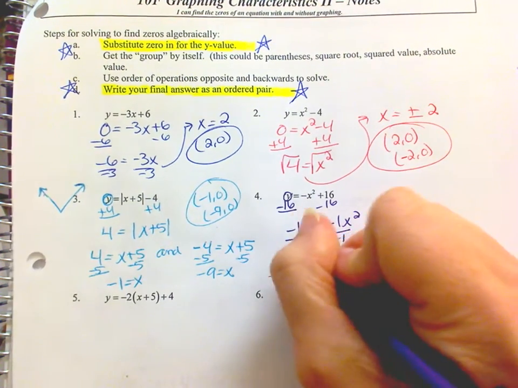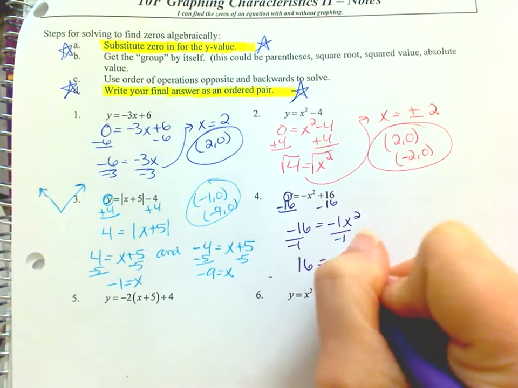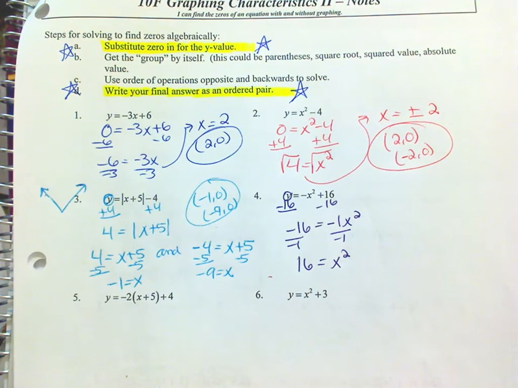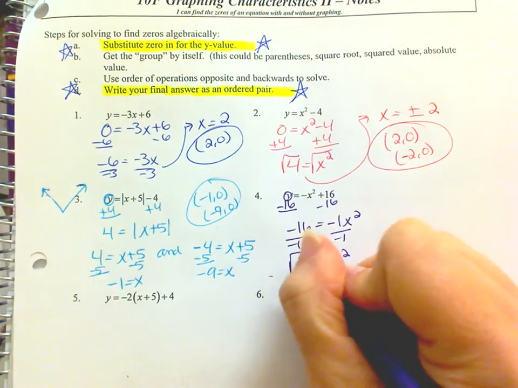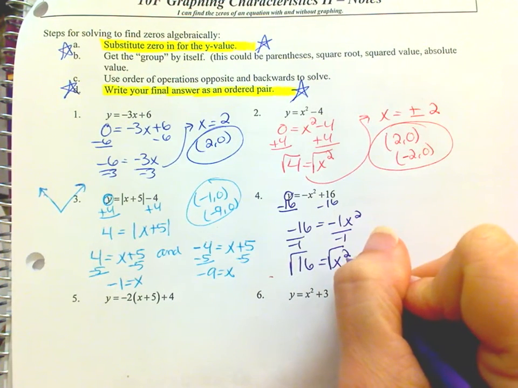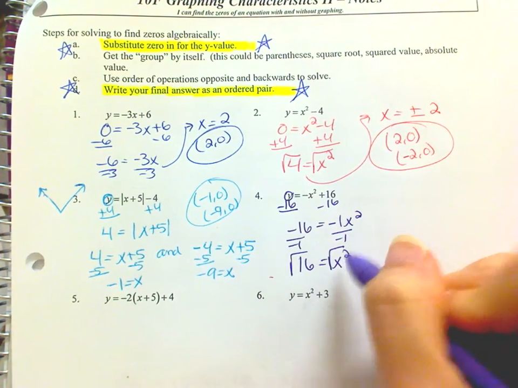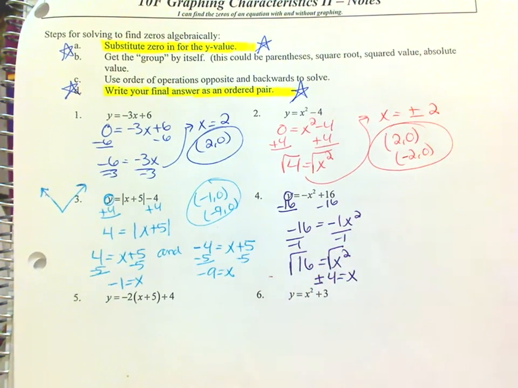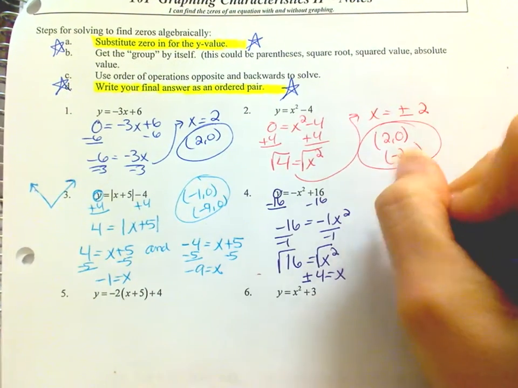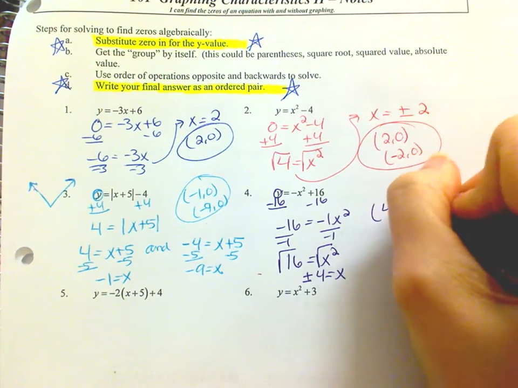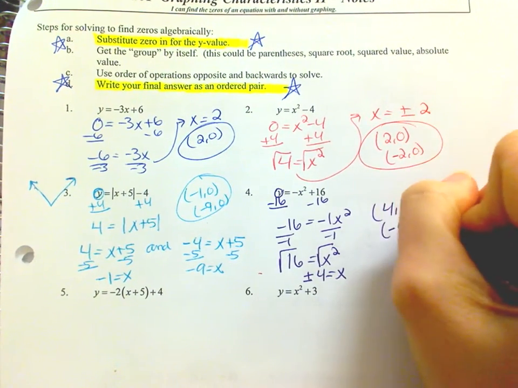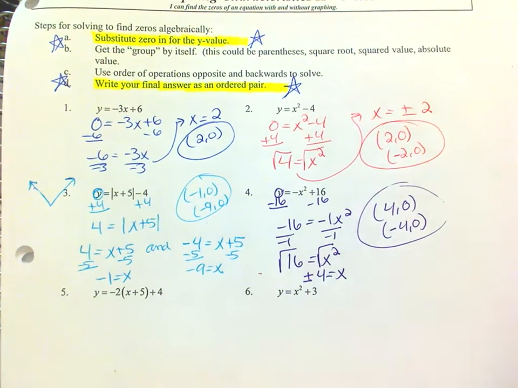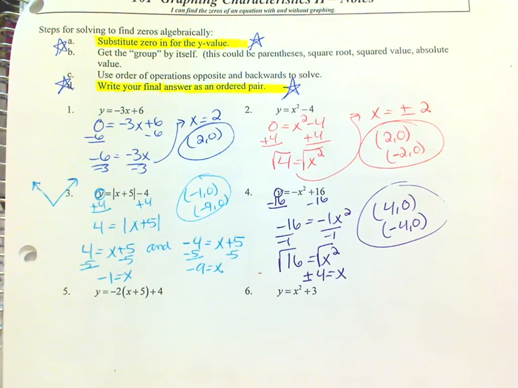So if you divide by negative 1, you're left with 16 equals x squared, and then square root both sides to undo the squaring. So you're going to get positive and negative 4 equals x. And again, please make sure you write them as 2 separate ordered pairs. It crosses the x-axis 2 times.